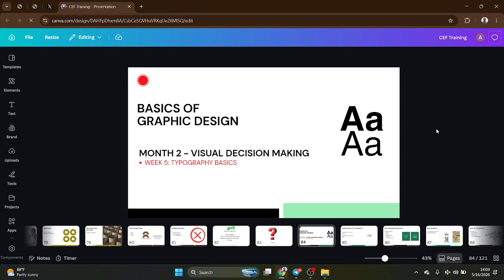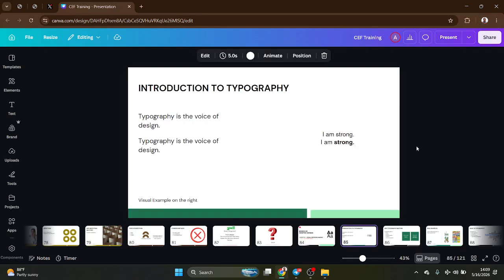For this week, we'll be looking at typography basics. So, what is typography? Typography is basically the voice of design. It's what gives life to your design. It gives a voice to your design.